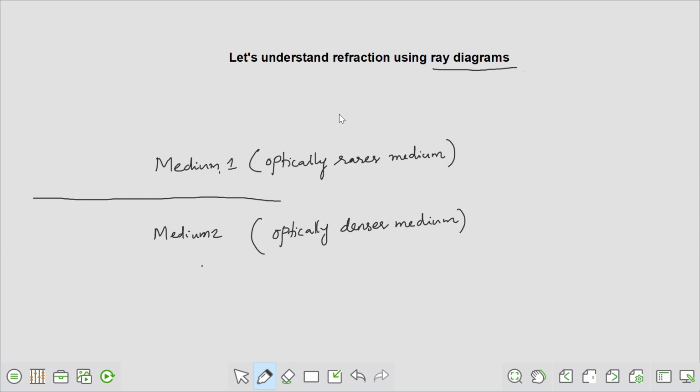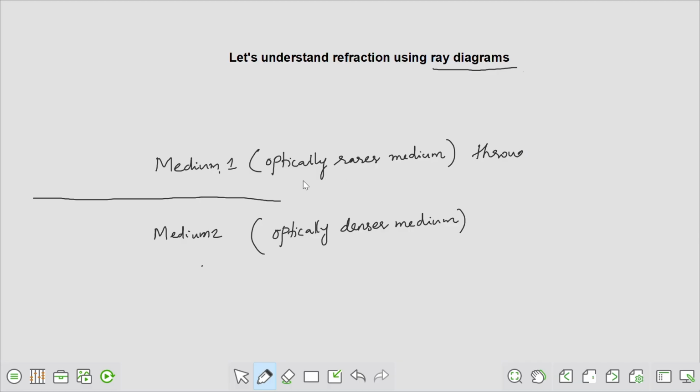What do you mean by the term optically, or optics? Since we are dealing with light, we use the term optics. Optics is a branch of science which deals with light. Since we are talking about the behavior of light when it enters a medium, I am using optically rarer.